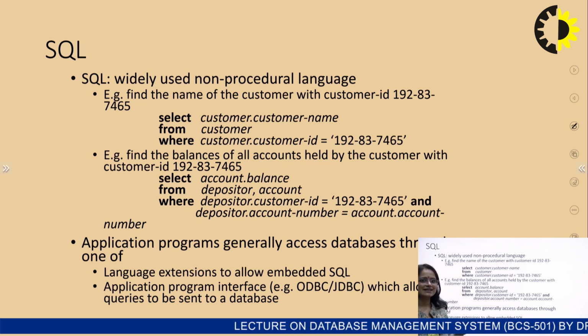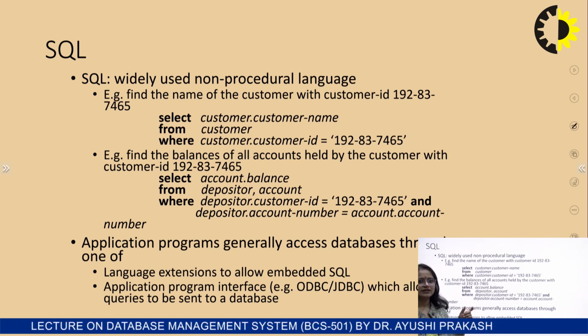So we can write select, from, where. In select we write what column is required, in from we write from which table, and in where we write whatever the condition is.